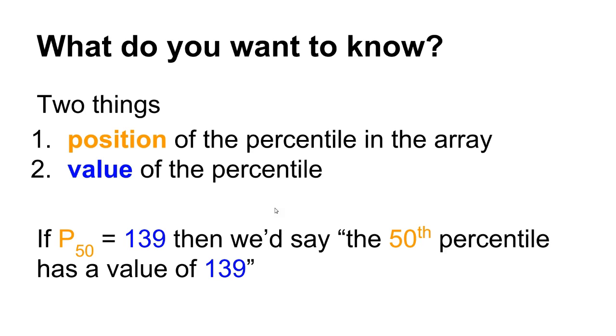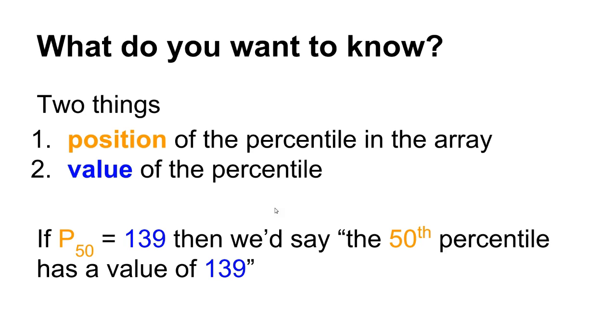So if we're saying P50 is 139, then we would say that the 50th percentile has a value of 139. So once again, the 50th percentile, so the median, has a value of 139. That means that half of the data points have values less than 139.